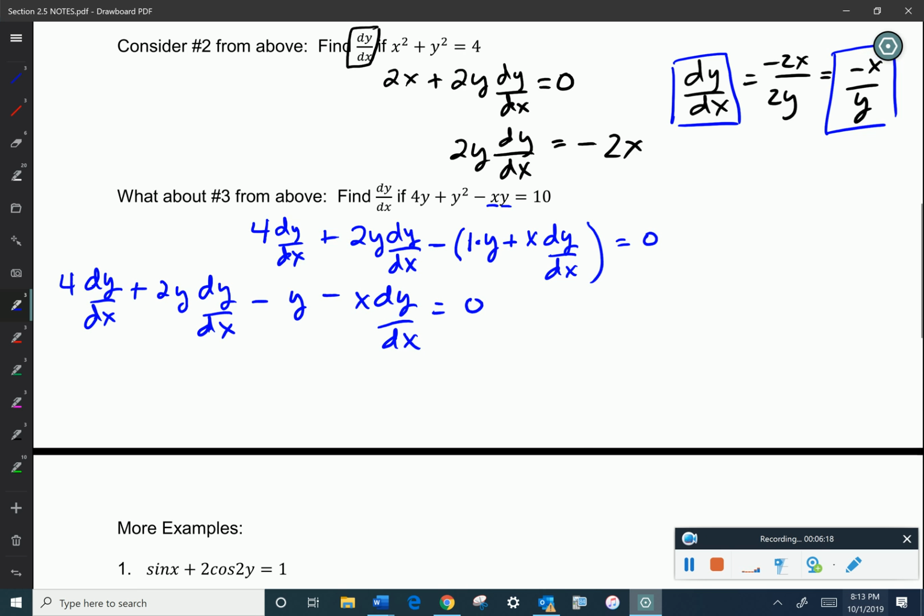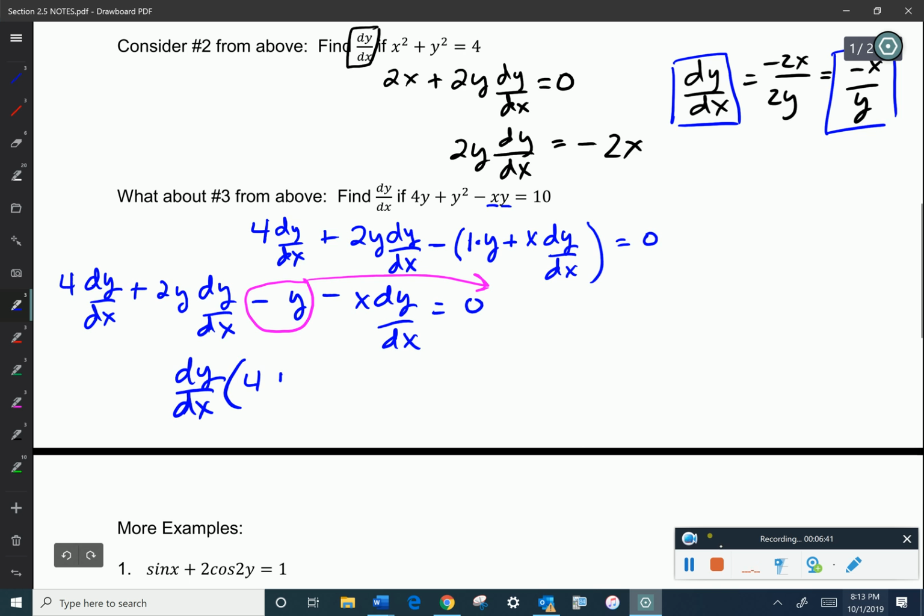So what I'm going to do is keep all my dy/dx terms on the left, but I'm also going to factor out a dy/dx, and in the same step I'm going to move this one term right here that was not a dy/dx to the other side. Okay, so on the left I've got my dy/dx, and I'm factoring out.